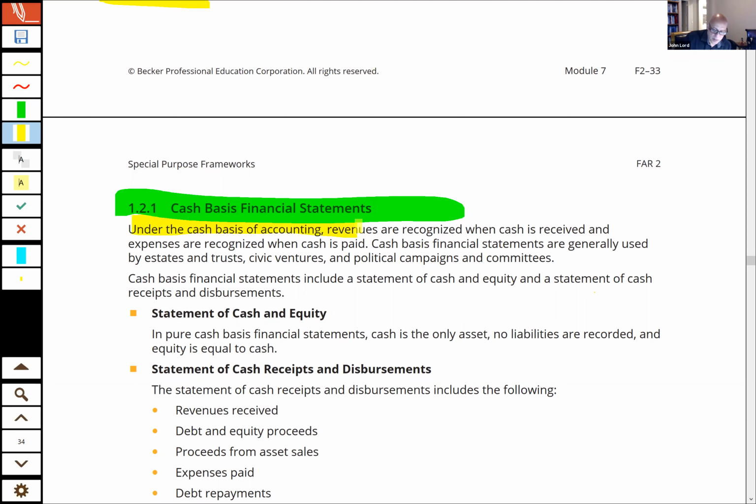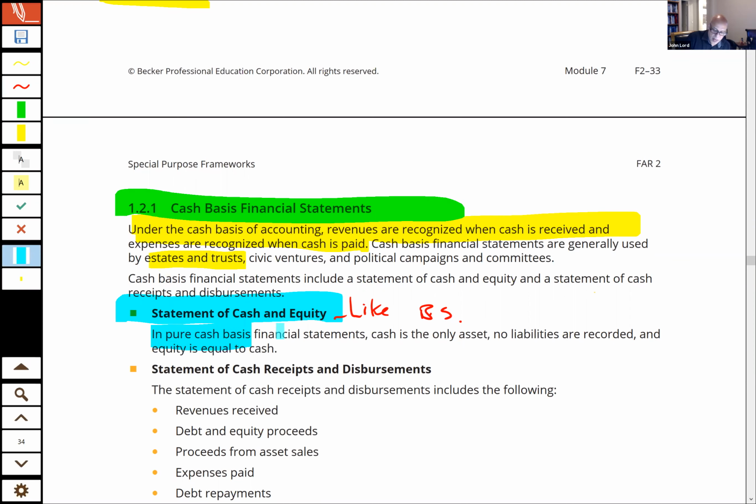Now what happens? Under the cash basis of accounting, revenues are recognized when cash is received. Expenses are recognized when cash is paid. And again, they tell us estates and trusts are entities that probably would use that cash basis. Now you come over, and the statement of cash and equity is like the balance sheet, but we don't call it the balance sheet, right?